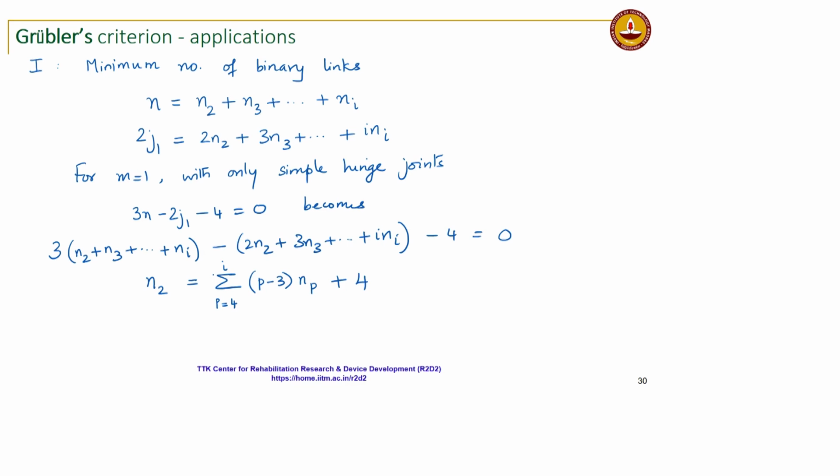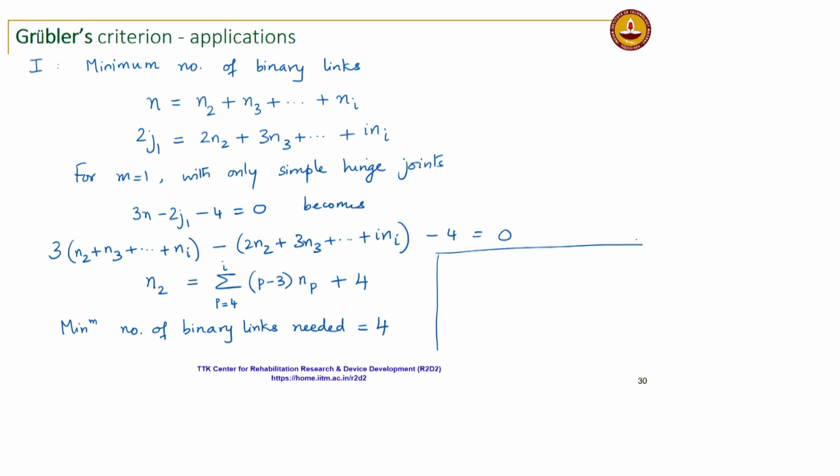The minimum number of binary links needed equals 4, which is why the 4 bar is the simplest mechanism with mobility equal to 1. That is the first observation.